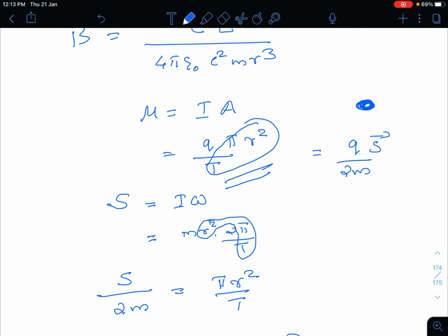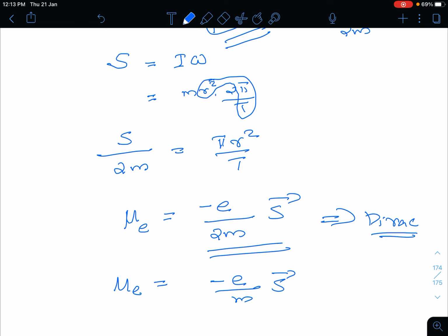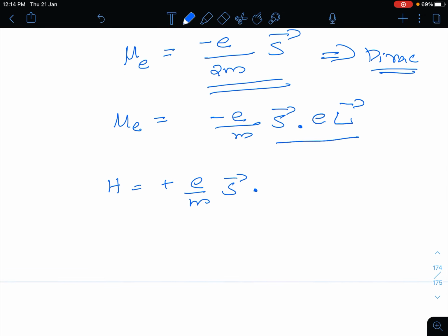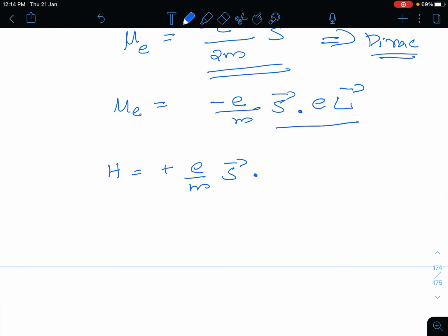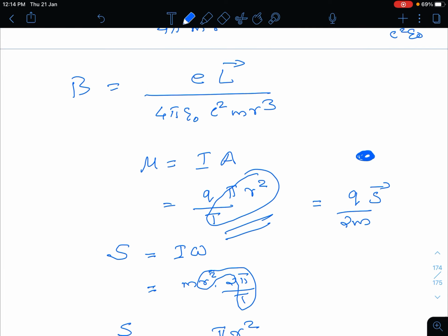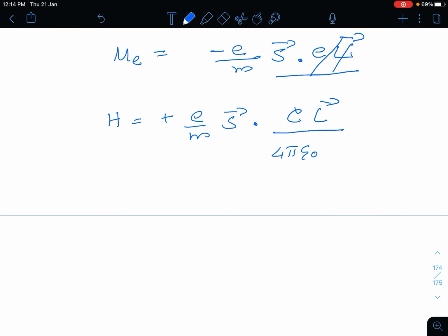B is EL divided by 4 pi epsilon 0 c square mr cube.